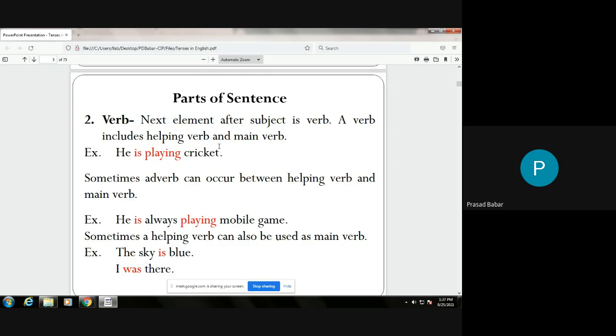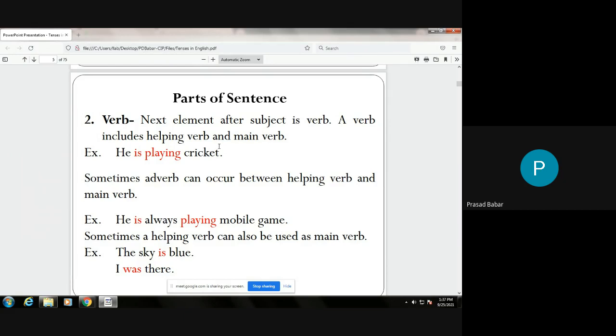It shows the action, or a position or state of an object, which may be living or non-living. So verb is the action denoting word.